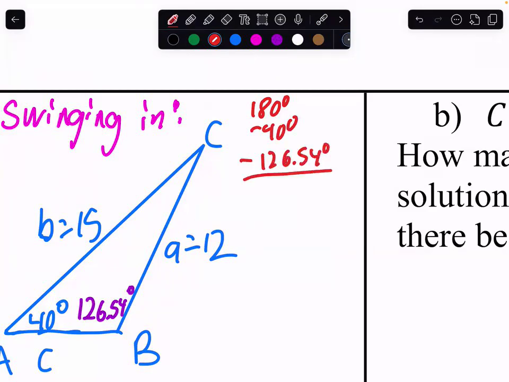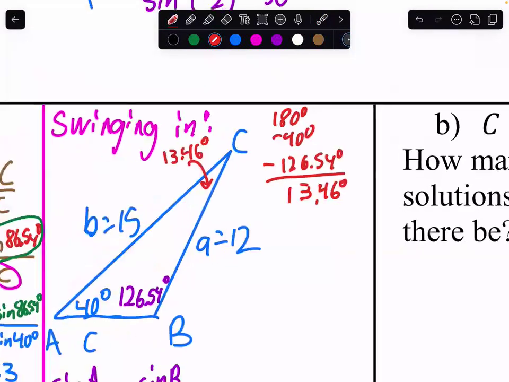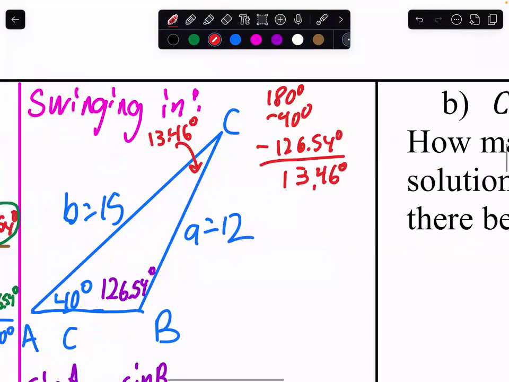That leaves 13.46 degrees for angle C. Okay, and now we can find side length c by using the law of sines.